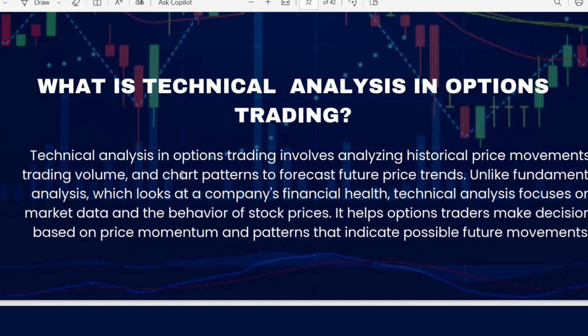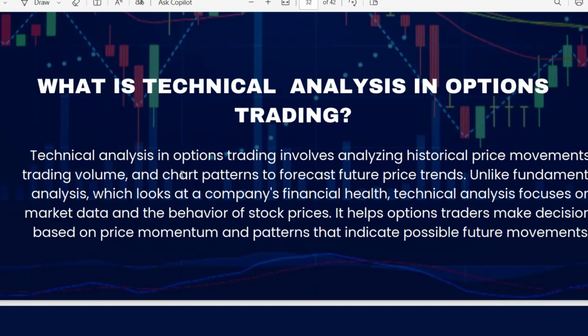What does it mean? It's simply trying to tell us that in option trading, when we're using technical analysis, we're using it to analyze the movement of the market, right? To see how the market is moving, to see how price is reacting to certain levels. That's where we see candlestick movements up and down.